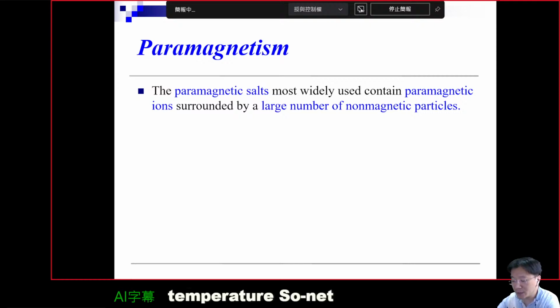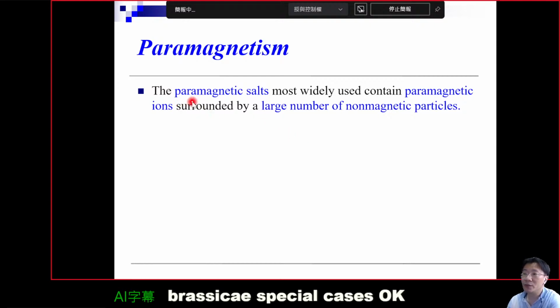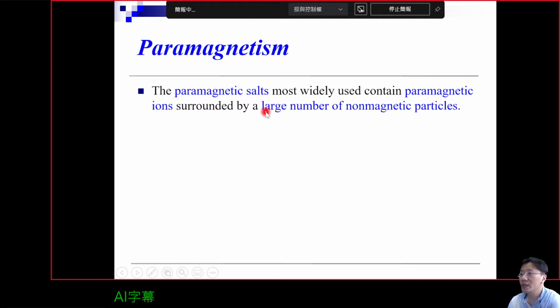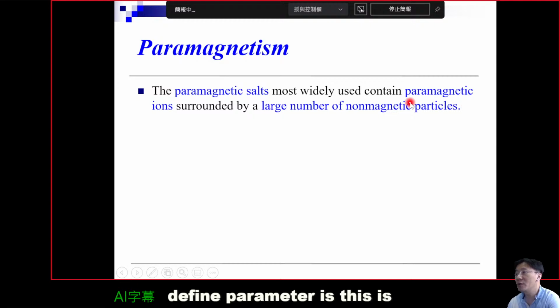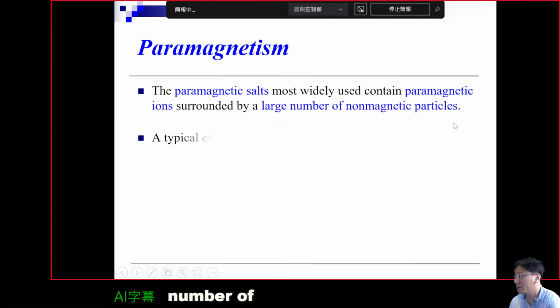Okay, so let's give you an idea for the practical cases. For example, if we have a paramagnetic salt, we can define it as a salt that contains paramagnetic ions surrounded by a large number of non-magnetic particles.